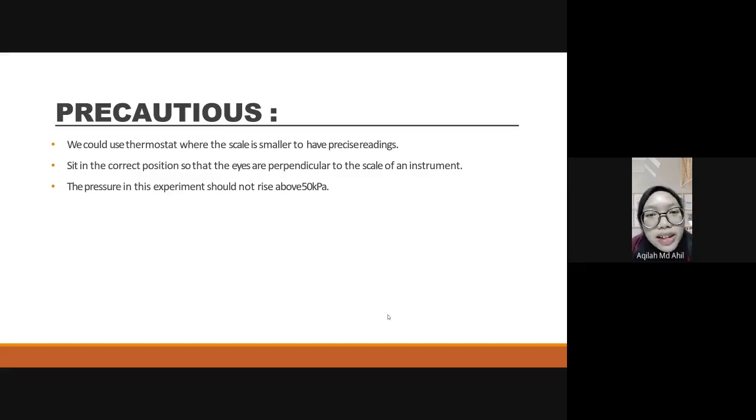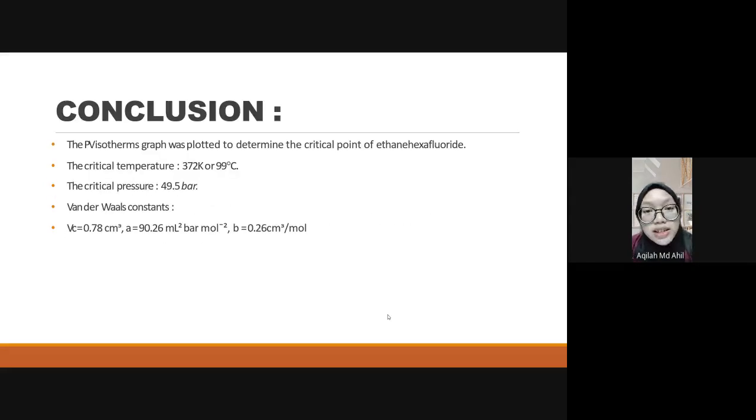And the pressure in this experiment, we need to make sure that it should not exceed 50 kilopascal.